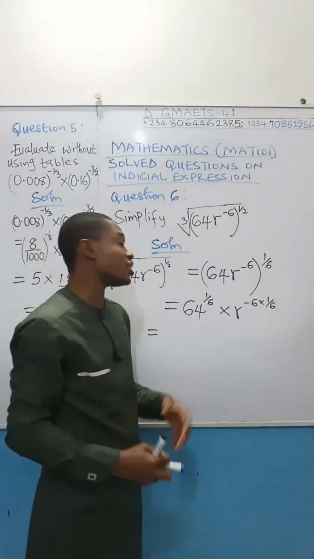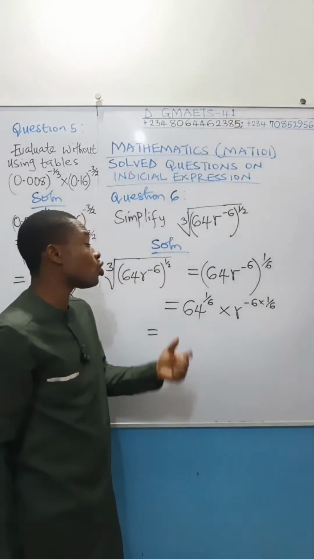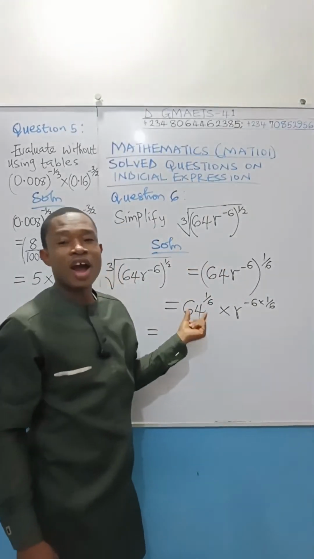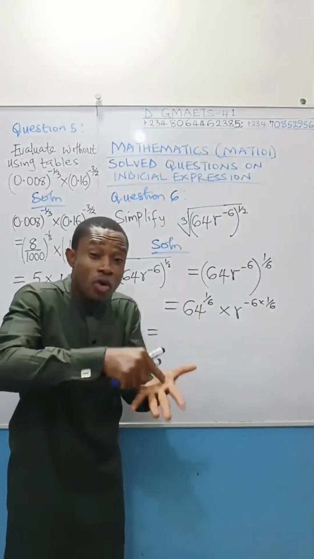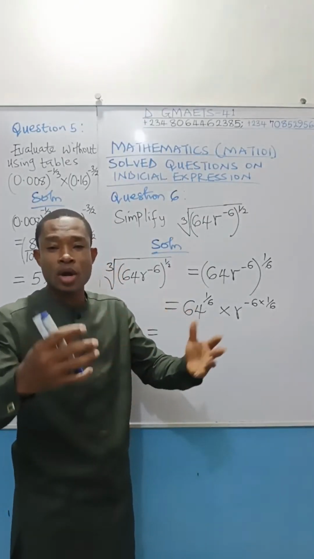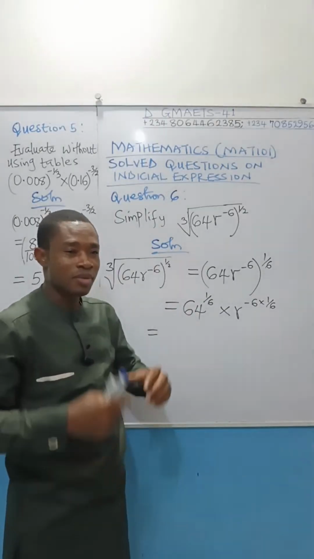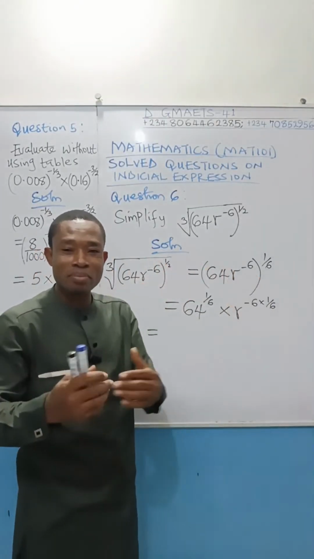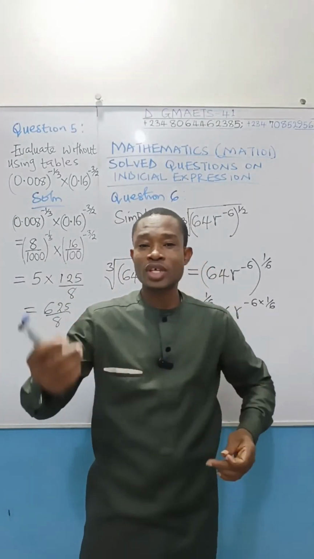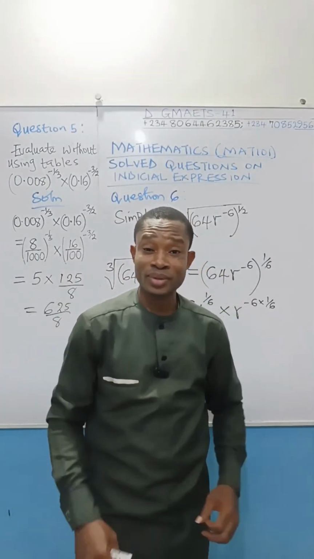I will break this 64 down now, but you can decide to go and obtain the 6th root of 64. If you have a calculator, you can invoke that command in your calculator, 6th root, just like you have square root, cube root. But it's a waste of time. If you have good knowledge of your basic math, squares and square roots, cubes and cube roots, 4th root and the rest of them, nothing is there. It's very simple.